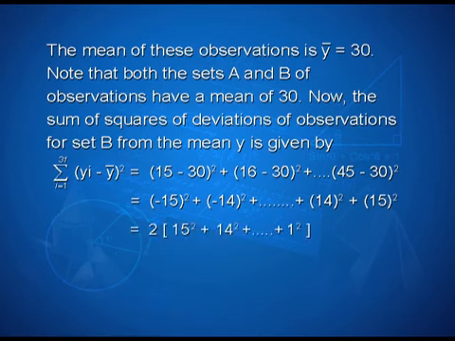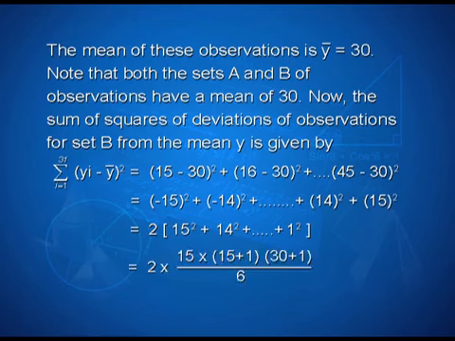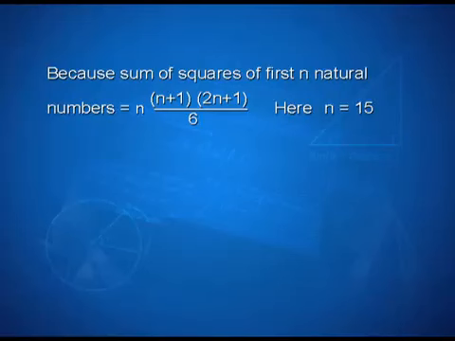That can be solved as 2 into (15 square plus 14 square plus and so on plus 1 square). That gives us 2 into 15 into 16 into 31 upon 6. This on calculation can be obtained as 5 into 16 into 31, that gives 2480, because the sum of the squares of the first n natural numbers is equal to n into (n plus 1) into (2n plus 1) upon 6.